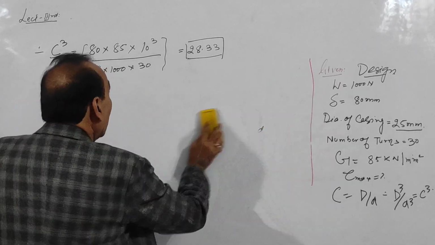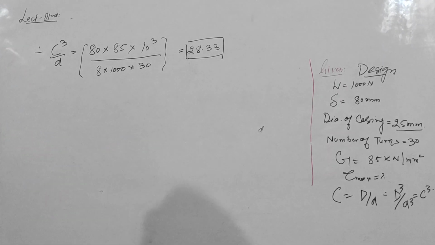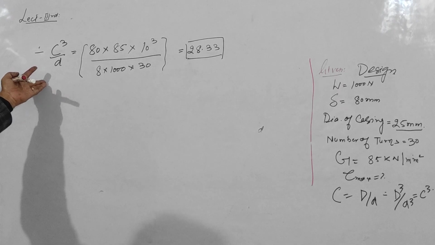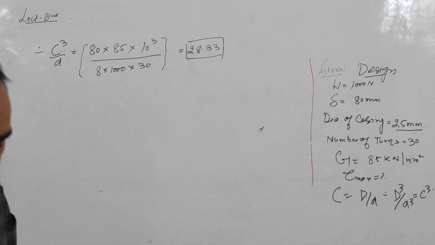अब C cube upon d आपको मिल गया, ठीक है। तो ना ही आपके पास d है, small d है, तो C जो आपका है ये भी D बाई d होता है। इसलिए हम क्या करें, let us assume the wire diameter d is 4 mm or 5 mm, whatever you want to assume.